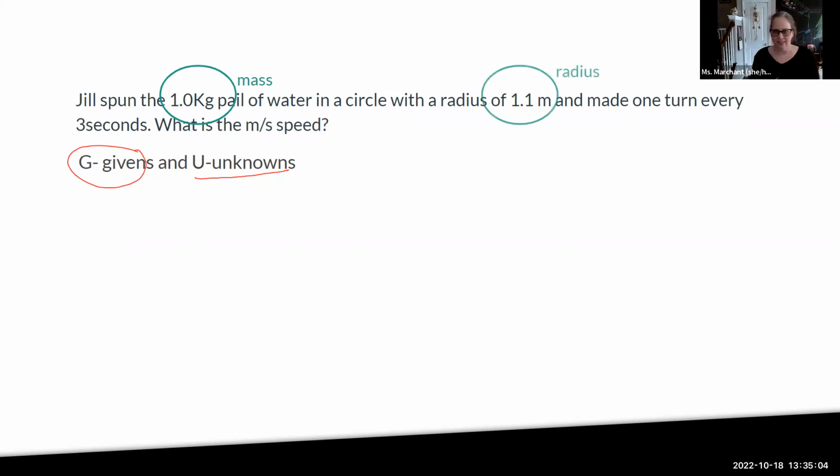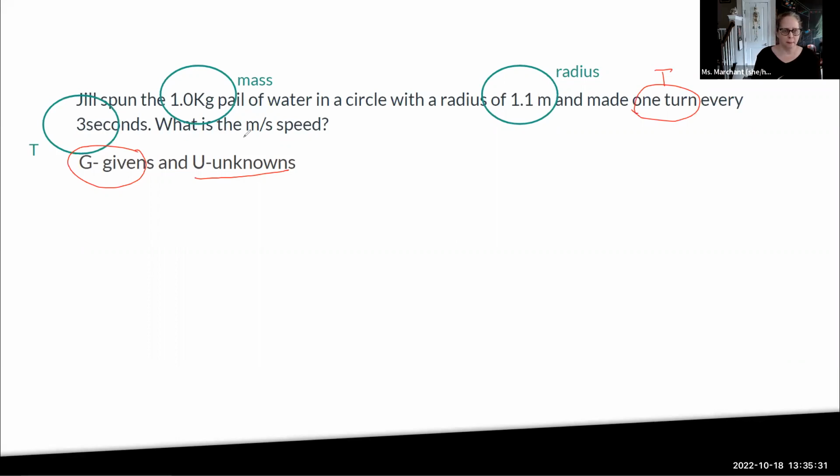So that's obviously the radius, and made 1 turn every 3 seconds. So then I have to go back. Is that a frequency? Is that a period? Period is the time it takes for one turn, and then convert it to seconds. So that is my period because it is talking about one turn.